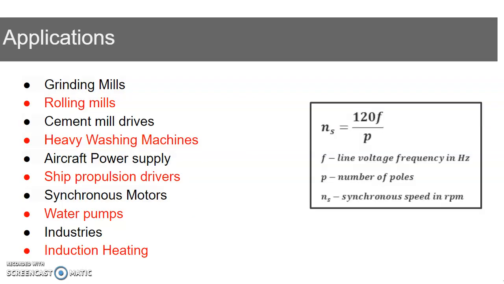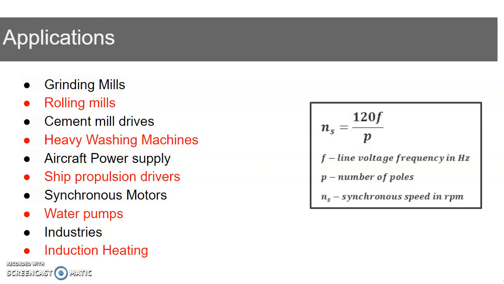Applications of cycloconverters. Generally, it can be used in speed control. How can speed be controlled? The synchronous speed of the machine is defined by N = 120F/P, where F is the line voltage frequency in hertz, P is the number of poles, and N is the synchronous speed in RPM.